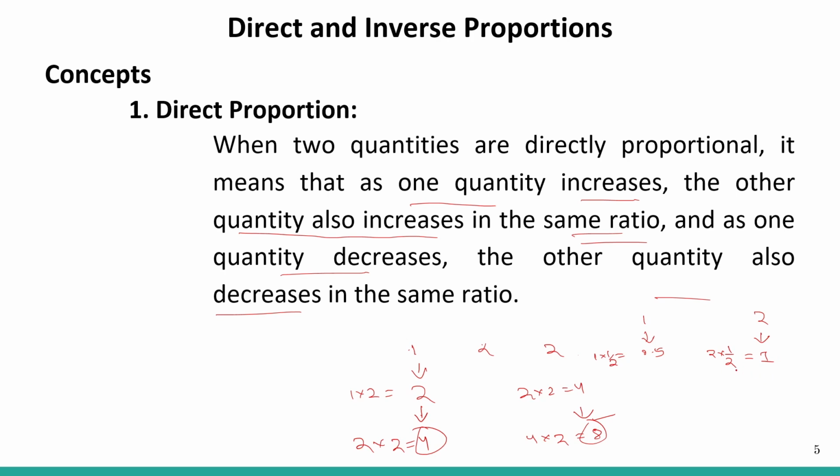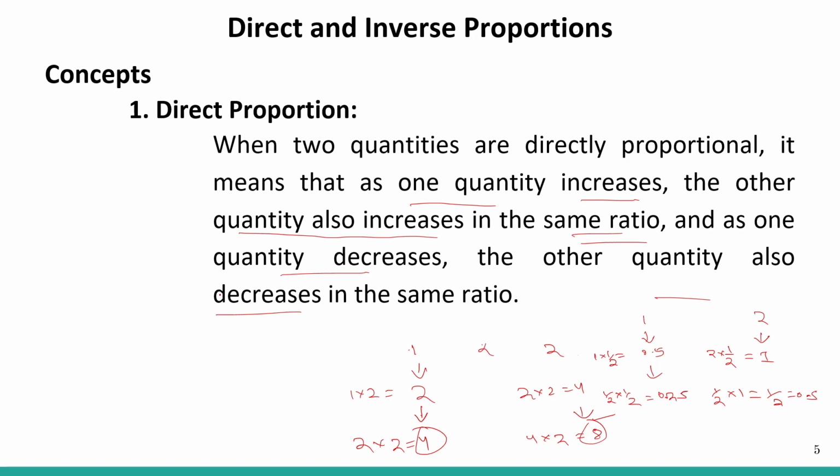Again if we halve it, 1 by 2 into 1 by 2 is 0.25. Then the other one, 1 by 2 again multiplied with 1, will be 0.5. You can see this again got halved because this one got halved.